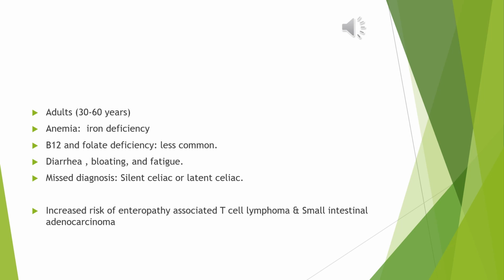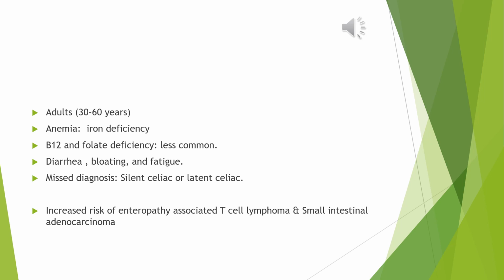However, sometimes the diagnosis of celiac disease can be missed or delayed due to a silent disease or a latent disease. A silent disease means that a patient has a positive serology for celiac, and if we do a biopsy, he will show villus atrophy. So we have a histological diagnosis and a serologic diagnosis.